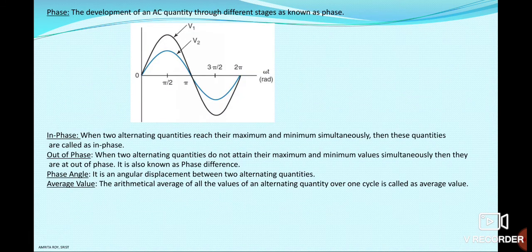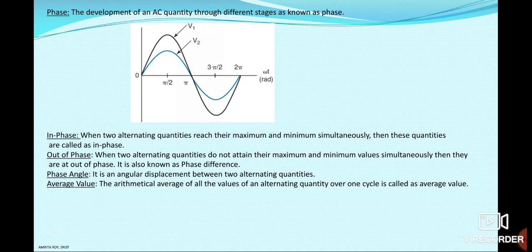Now next is how to understand which waveform is out of phase or which waveform is in phase. What is phase angle, what is average value? So here in the diagram we can see that there are two waveforms, V1 and V2, being represented. In phase means when two alternating quantities reach their maximum and minimum simultaneously.